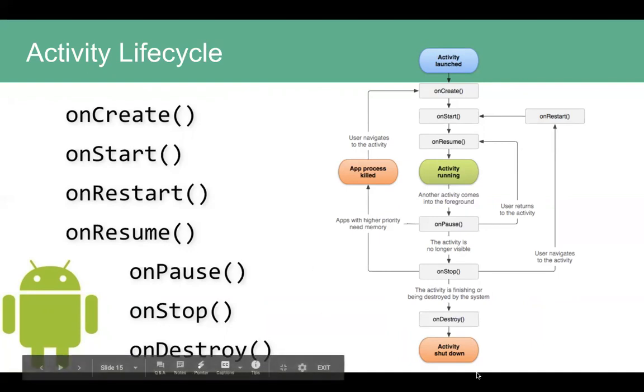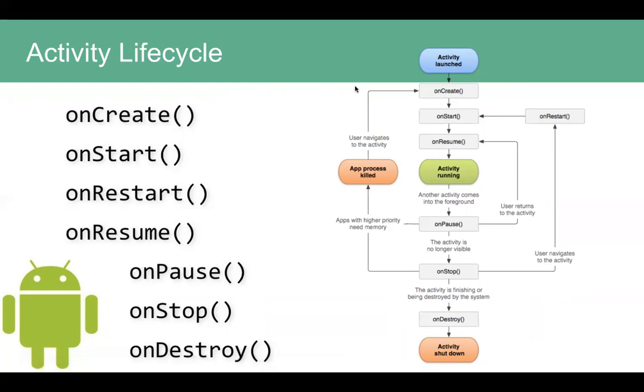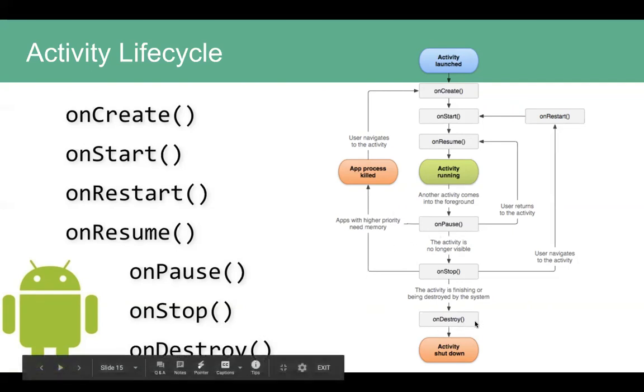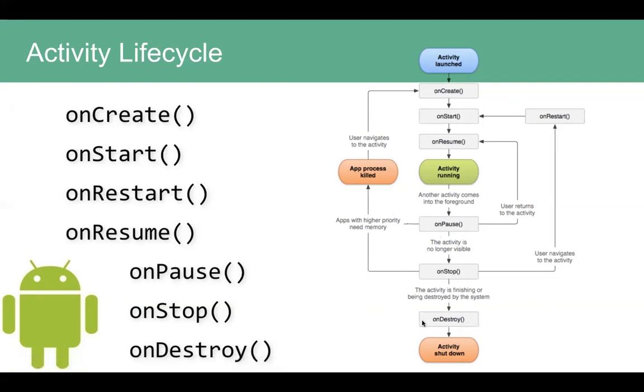And there is this super complicated diagram over here, but you only need to remember four of these life cycles, and they are onCreate, onResume, onPause, and onDestroy. These are the things we'll be majorly dealing with.